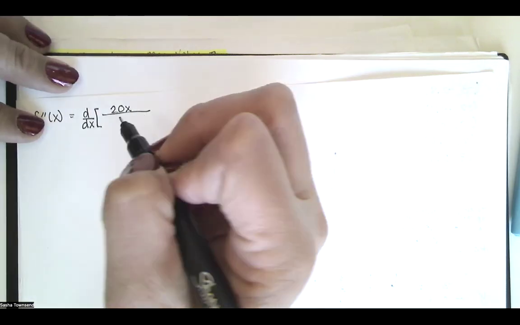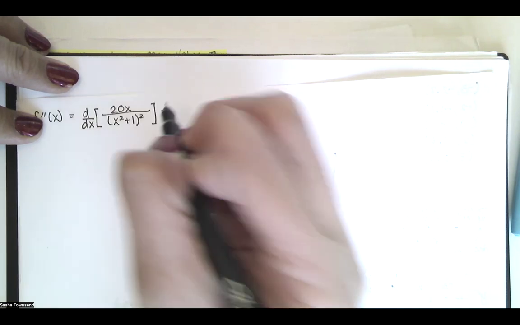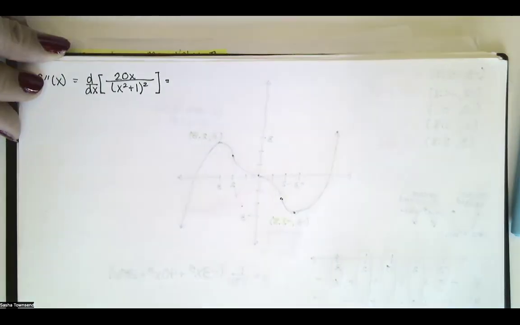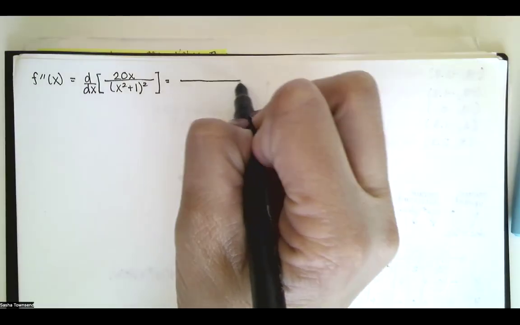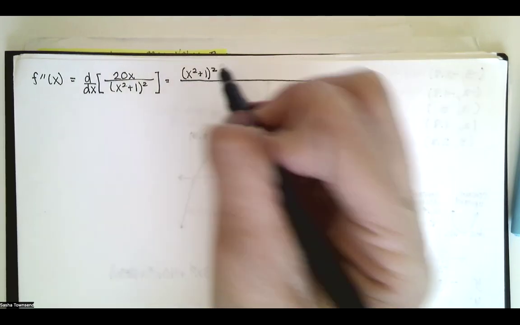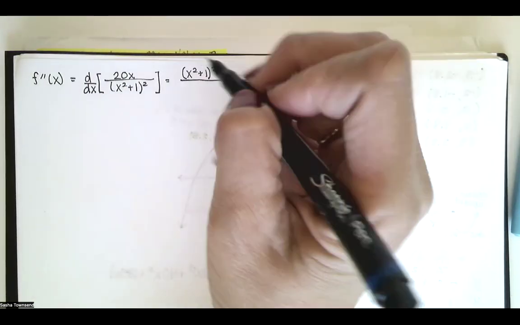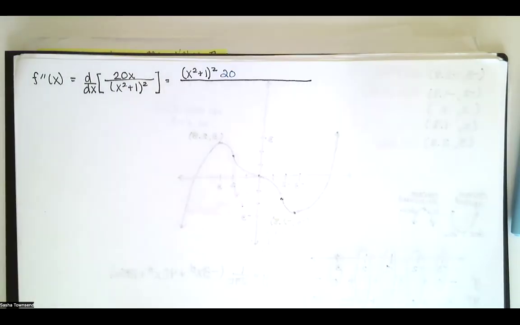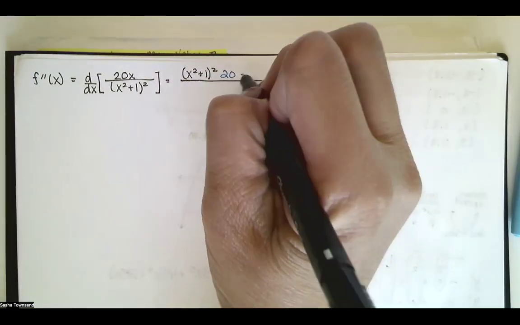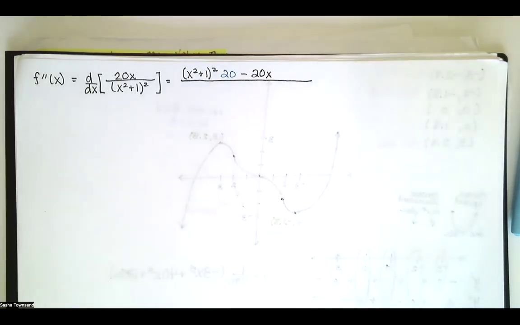So we're going to use that mnemonic for the quotient rule again. It's low, bottom function, d high. So we're multiplying by the derivative of the top function. It's 20 minus high, d low.